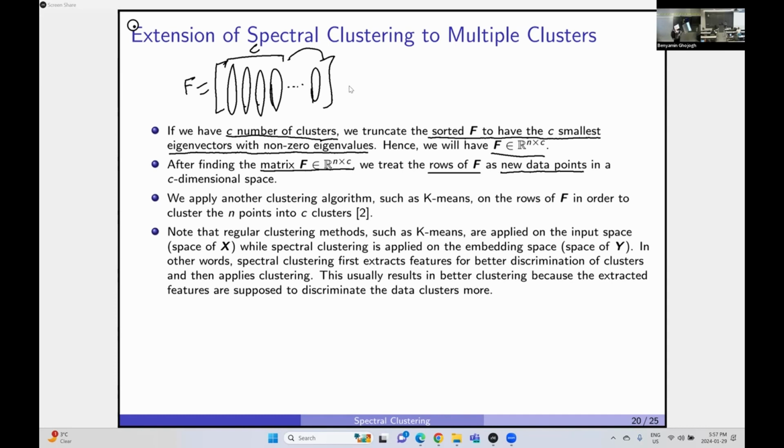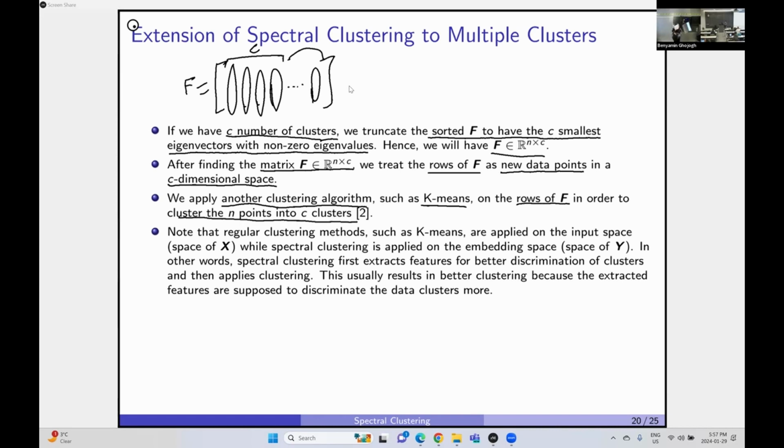So basically, we are reducing the dimensionality to C. Then in the new embedding space, which is C-dimensional, we apply another clustering algorithm, such as K-means, on the rows of F in order to cluster the data points into C clusters.